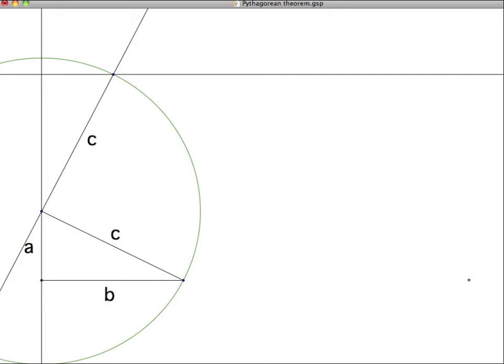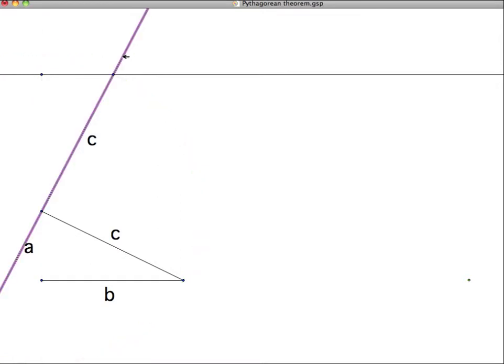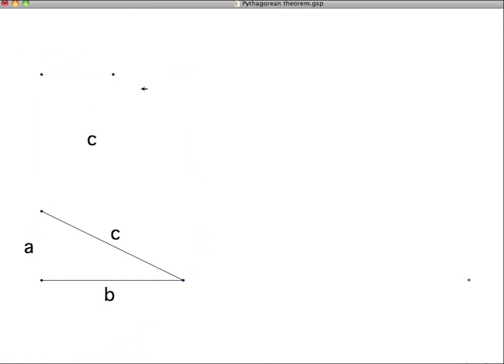Let's go ahead and begin cleaning up what we have by hiding some of our constructions and then filling in the other segments. So we have that intersection point, and now I'm going to begin hiding some of our constructions. So this line, our circle, basically all of the lines, and we'll leave those in there. Let's fill in the rest.